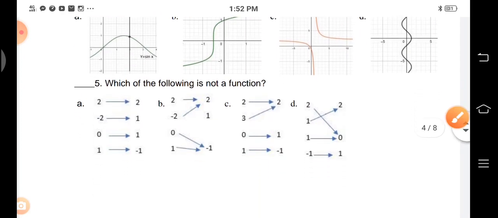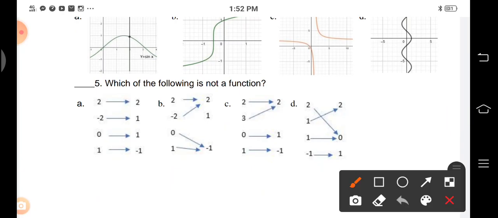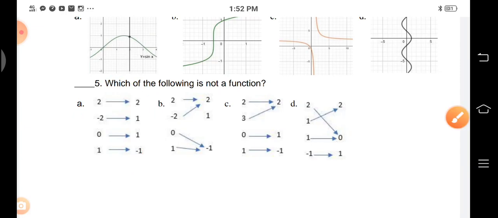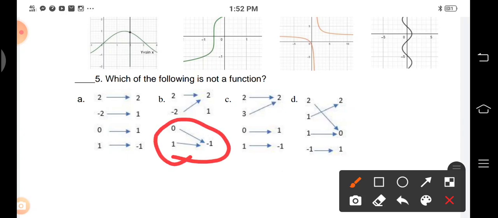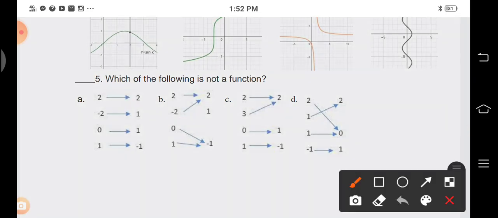How about number 5? Which of the following is not a function? So in number 5, letter A is showing a one-to-one correspondence. About letter B, letter B is many-to-one correspondence, as represented here. How about letter C?